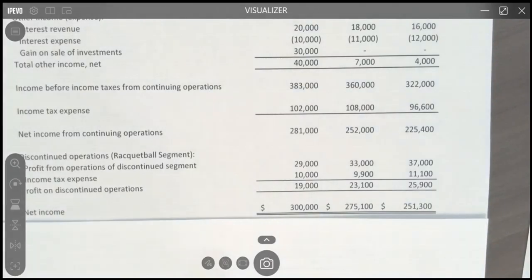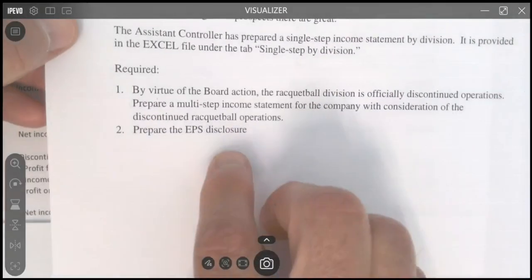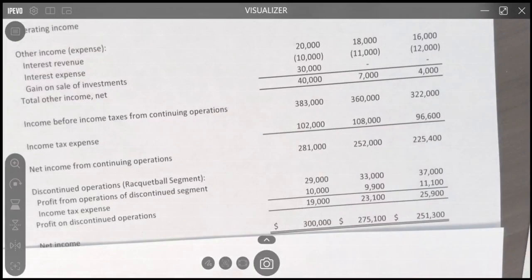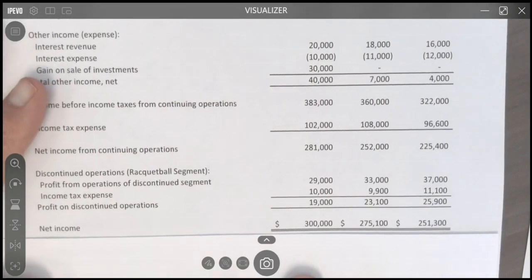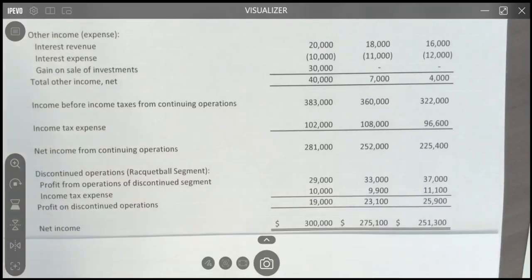Remember, in the instructions, we threw in, hey, while you're at it, prepare the earnings per share disclosure. And so I did that as well. In fact, if you haven't done it, go ahead and pause the video again and give it a shot. Remember that the big thing here is that earnings per share is shown for the continuing operations and the discontinued operations.